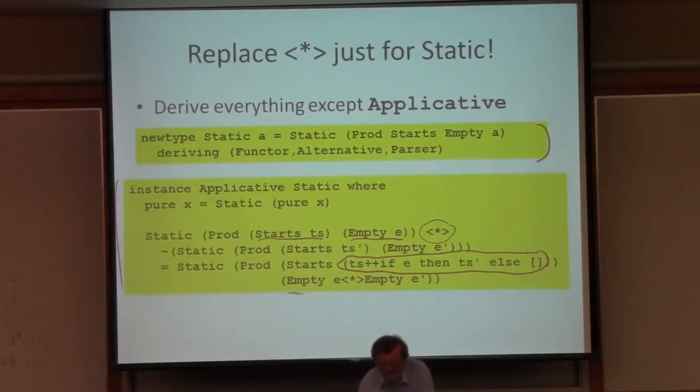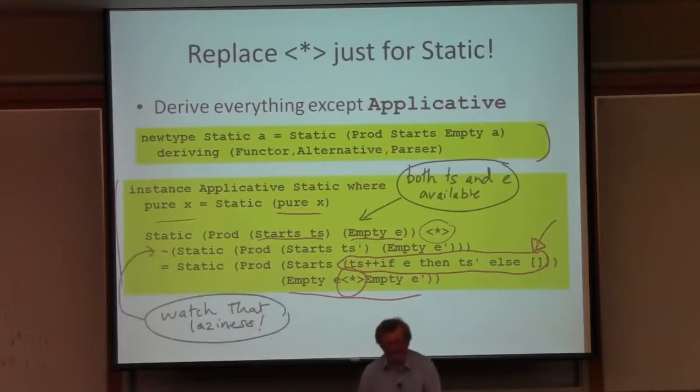I have to compose the empty things as well, but I'll just use the empty star operator for that. And for pure, I'll just use the underlying pure. So it's really this part here that is the critical bit. And oh, what's that twiddle? Every time that I write these star definitions, I have to think about making sure that it's sufficiently lazy.